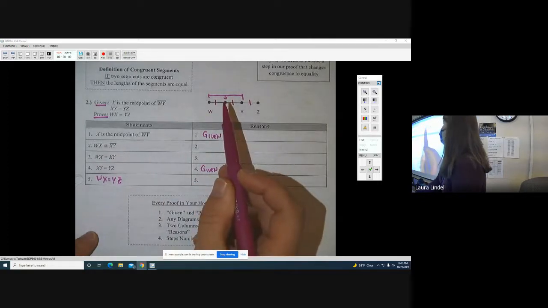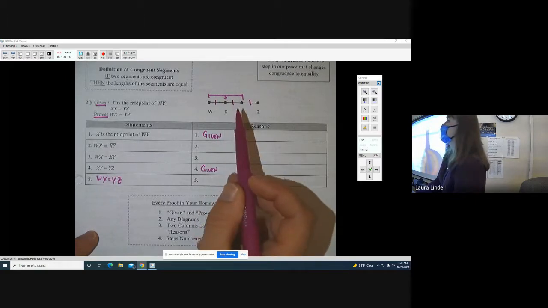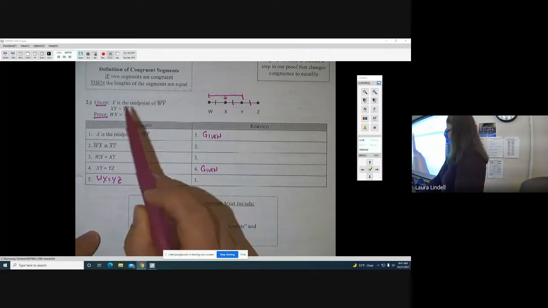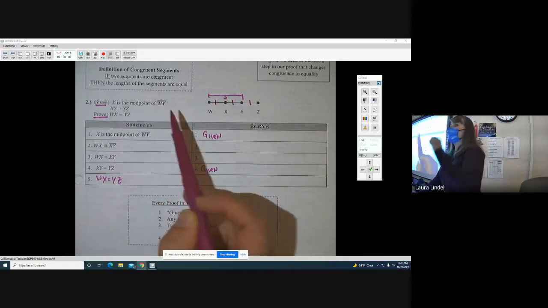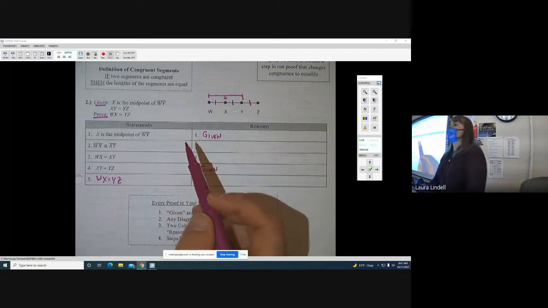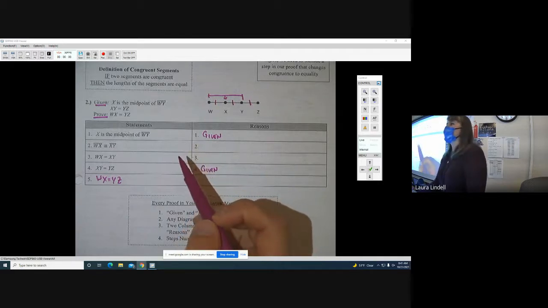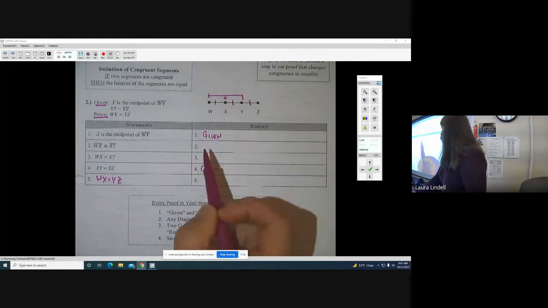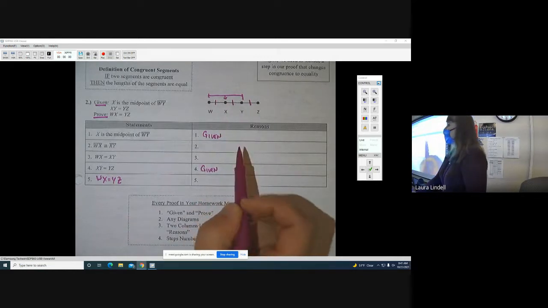The lines in the picture, is that what you're talking about? Like the ones we drew in the picture, yeah. It has something to do with the ones that we drew in the picture. It also has something to do with our given here. What do you think, Tavia? Because if X is the middle of that whole line, then both sides are going to be congruent. Yeah, if X is the middle, then these two are congruent. So that means it's definition of midpoint here for this one.